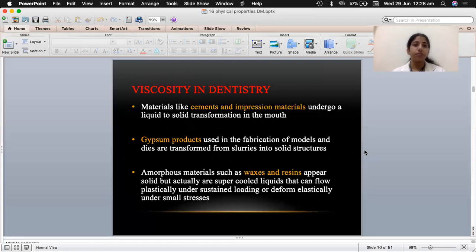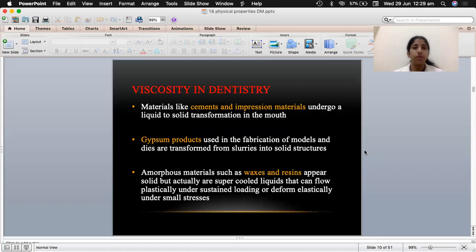What is the importance of viscosity in dentistry? For many materials, restorative cements or impression paste, impression plaster, if you are mixing, we should be knowing the right consistency at which we can load the material and make the impression, or if you are talking about cement, you can restore at that right consistency. So each and every material should have a particular amount of viscosity.